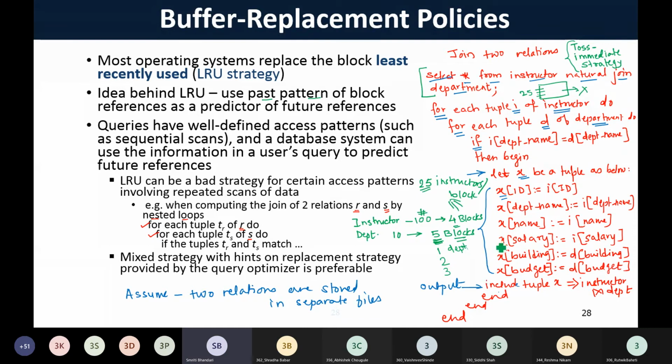Right? So when processing of, say, the first block of department is completed, we know that that block will not be accessed again until all remaining 4 blocks of department have been processed. So until the remaining 4 blocks are processed, there will not be a turn for this first block.